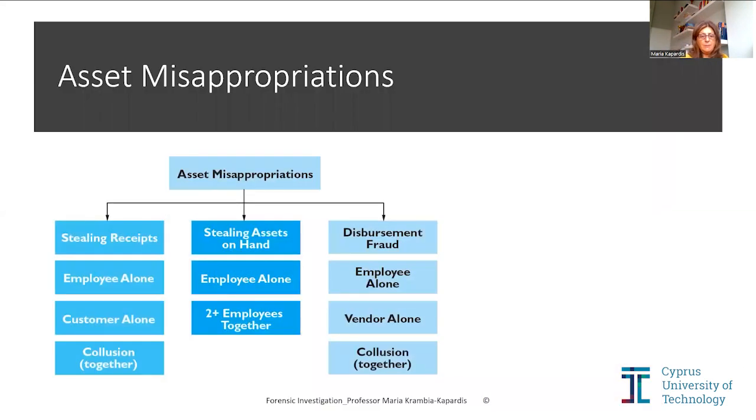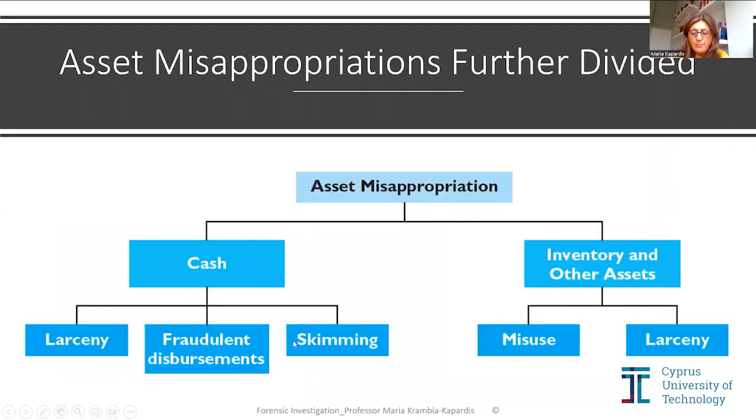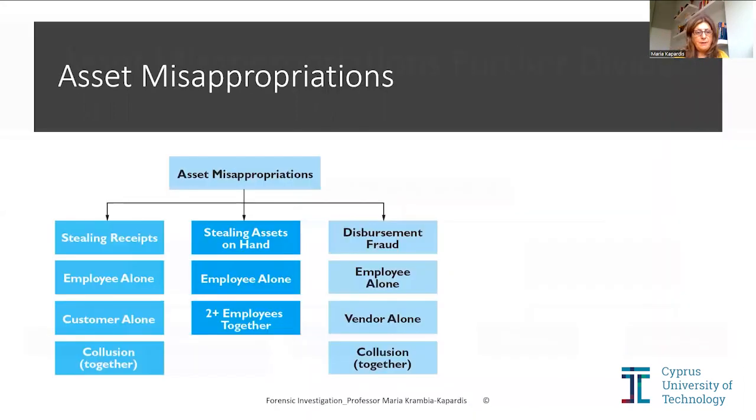Okay, what do we mean by asset misappropriation as mentioned earlier? It is stealing assets, stealing receipts. It could be done by an employee or a customer or in collusion. The ACFE, in its recent report to the nations, has found that there are a lot more cases now happening in collusion.